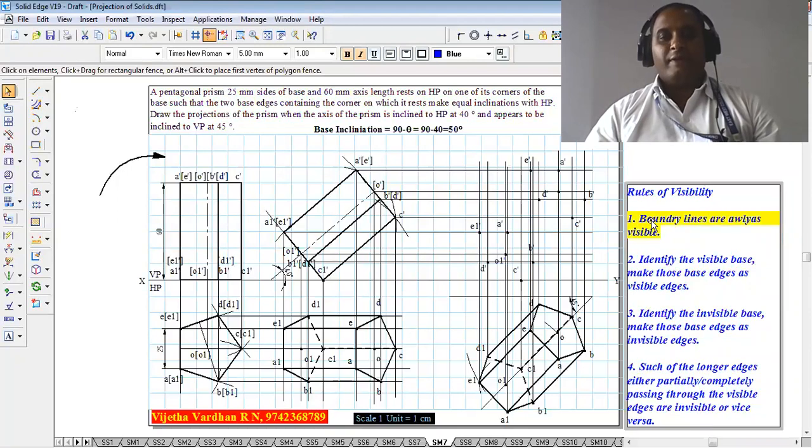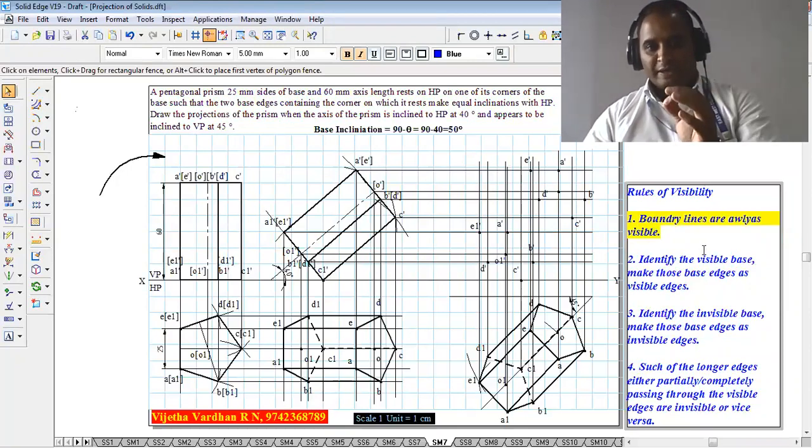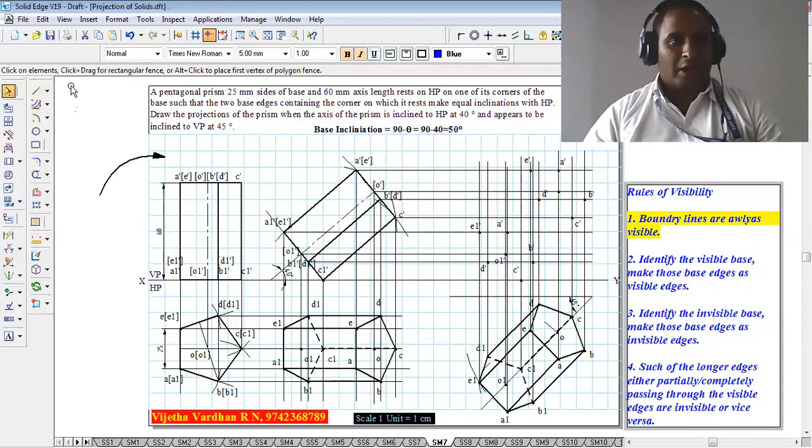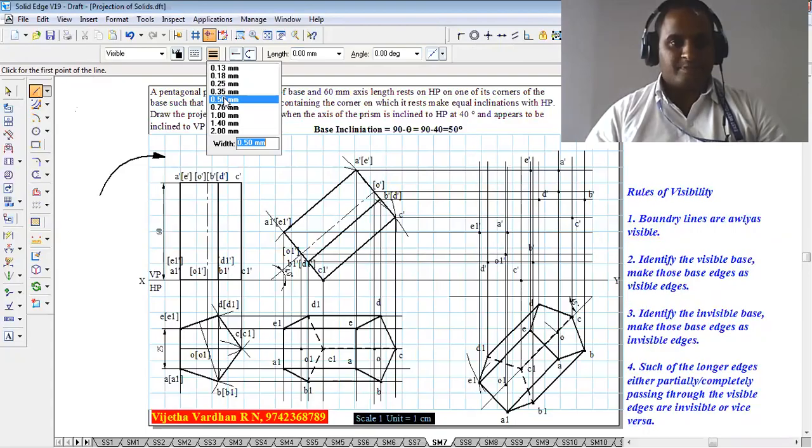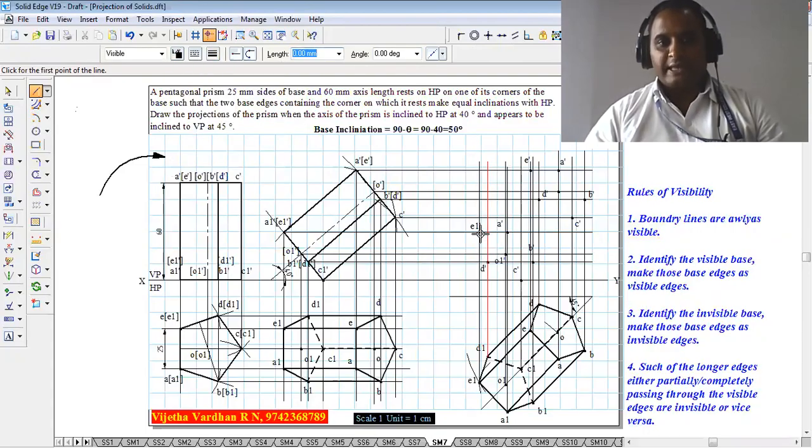Now, again we will apply the rules of visibility. That is, boundary lines are always visible. Now, what is a boundary line? Let me discuss. Using HB pencils, keep the scale at the corner E1 dash. From E1 dash to E dash could be a boundary, followed by A dash, then B dash is going to be the boundary.